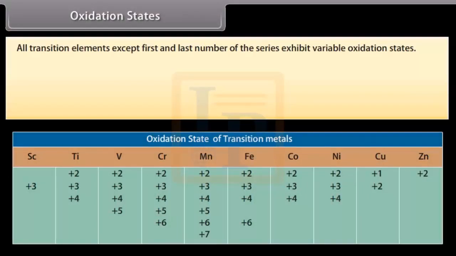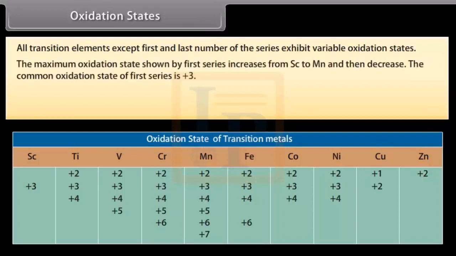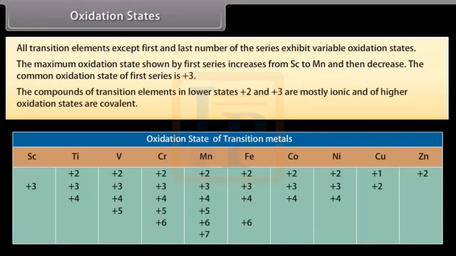Oxidation states. All transition elements except the first and last members of the series exhibit variable oxidation states. The maximum oxidation state shown by the first series increases from scandium to manganese and then decreases. The common oxidation state of the first series is +3. The compounds of transition elements in lower states +2 and +3 are mostly ionic and of higher oxidation states are covalent.